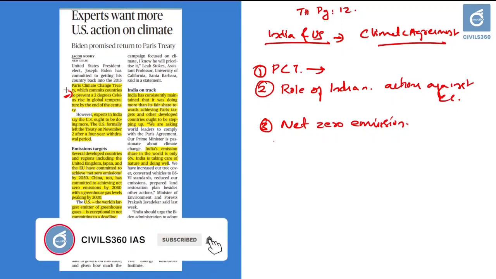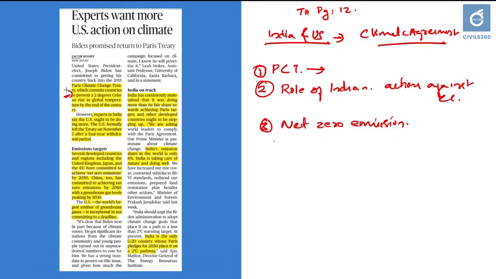All these can be related. What are the greenhouse gases? That should be known. Greenhouse gases should be understood by you. Just go through these and try to relate it with your preparation, or try to add all these in your preparation. This is necessary for both prelims and for mains.